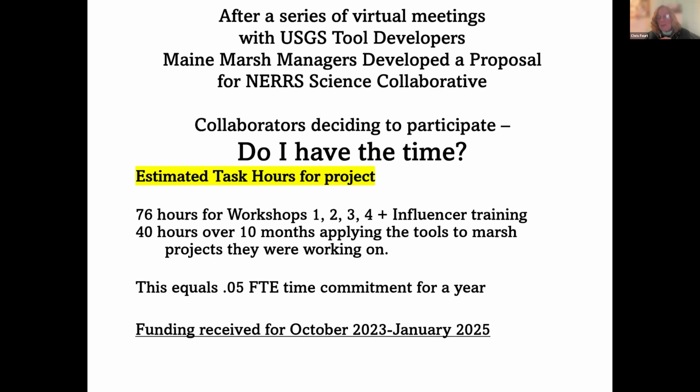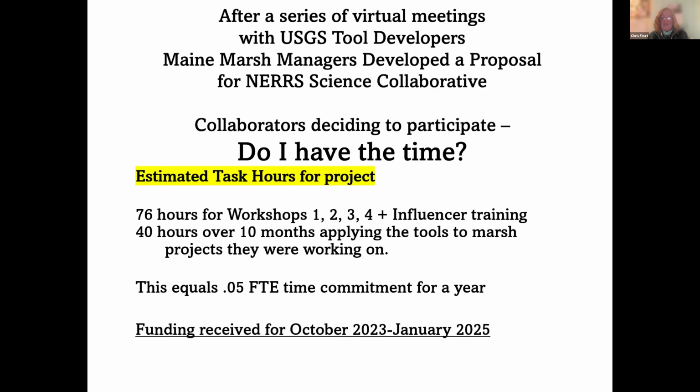I'm going to develop the tool, post it up there on the web, and they'll be able to use it. So in our proposal, we actually calculated how much time everybody working on the project would spend doing the project. We calculated the time for workshops, we calculated the time to practice, and we told them how many hours during the year of the project they would be engaged in the project.